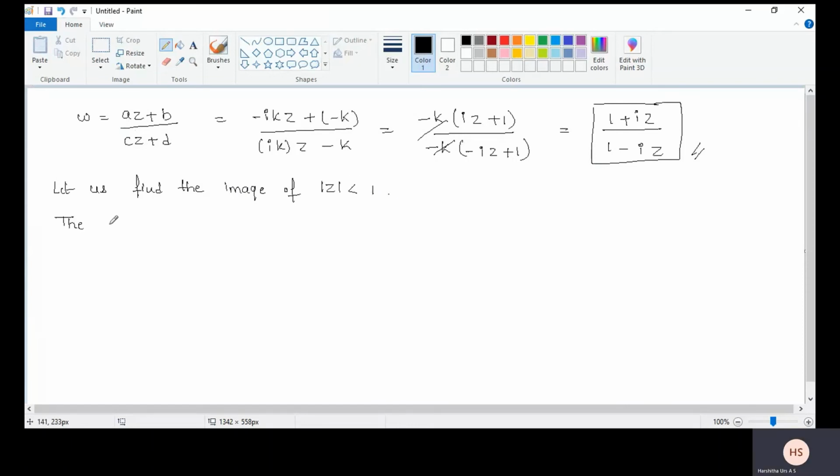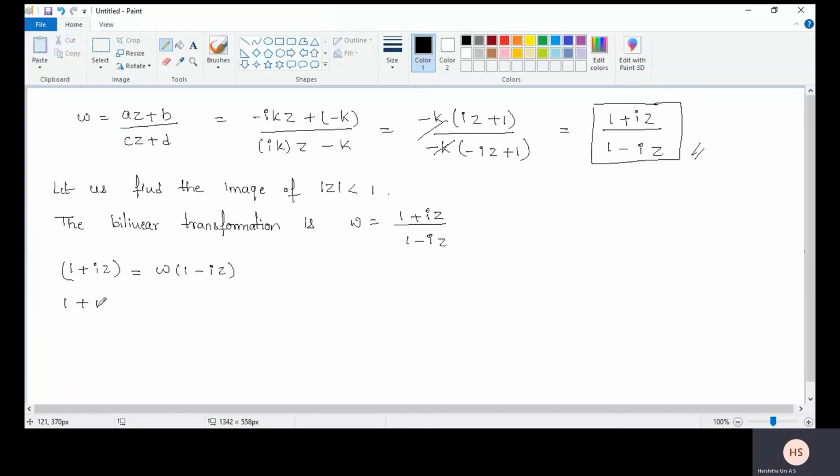So I write the bilinear transformation, W is equal to (1 + iZ) divided by (1 - iZ). Cross multiply. 1 + iZ is equal to W into (1 - iZ).